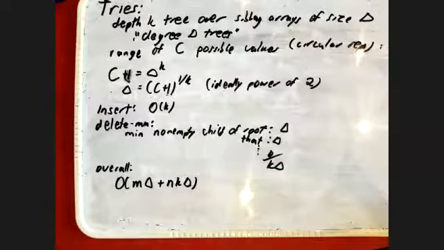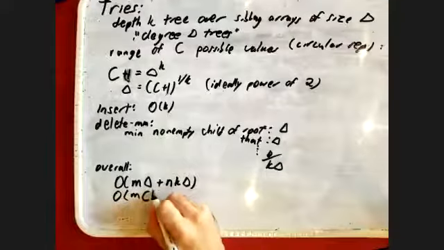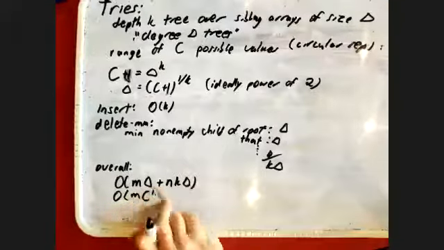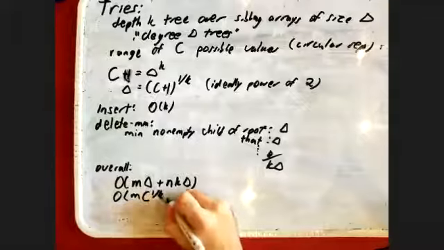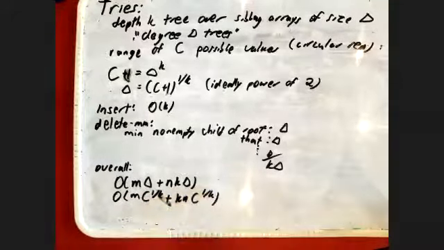Right? Which I can expand out as m c to the 1 over k plus k n c to the 1 over k. Right? And now I'm going to want to balance these.